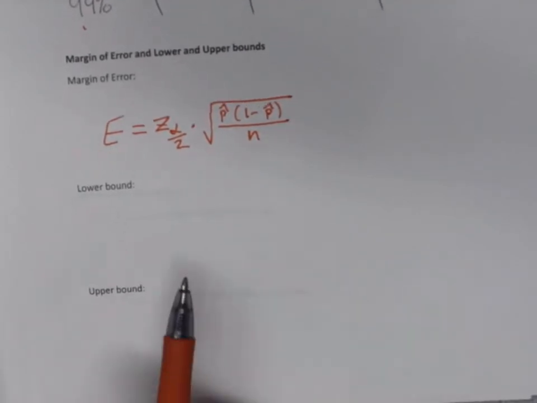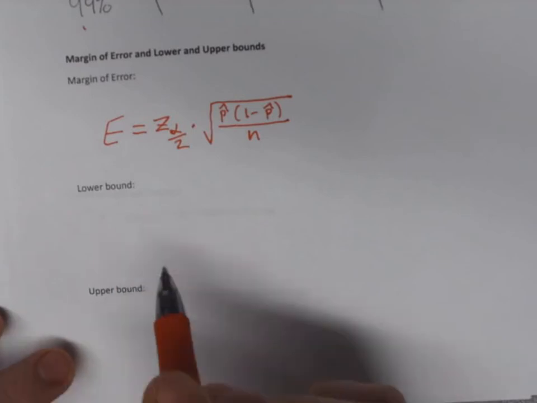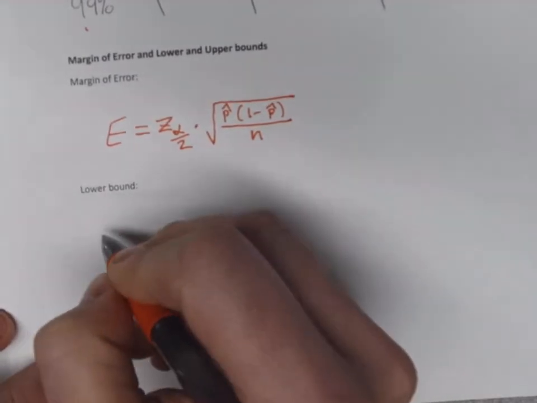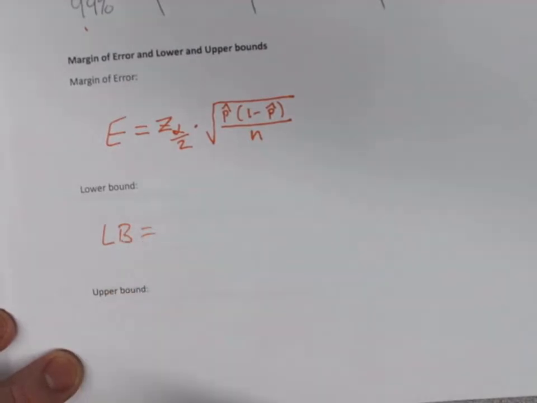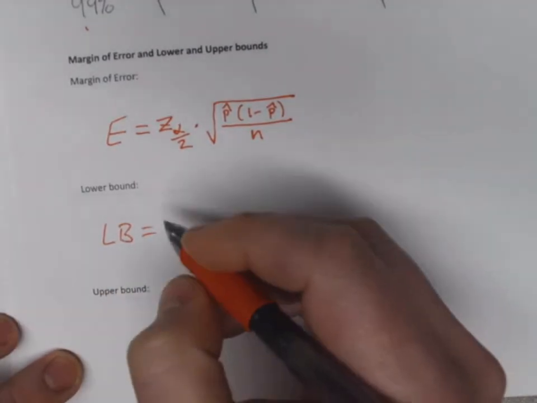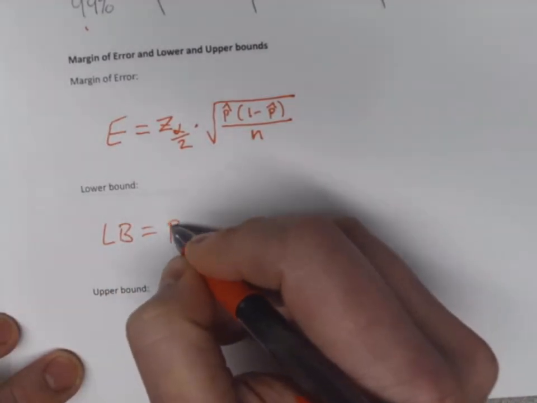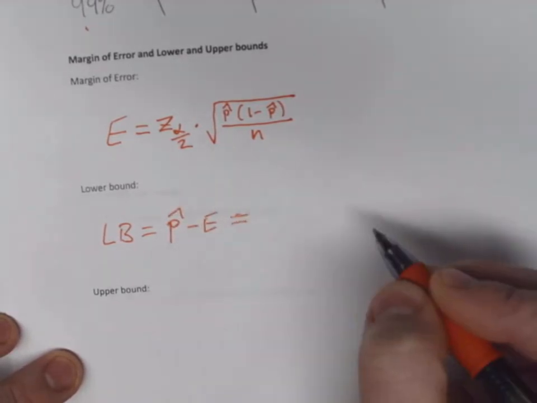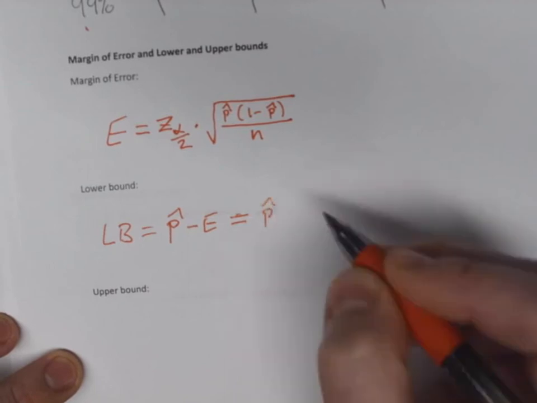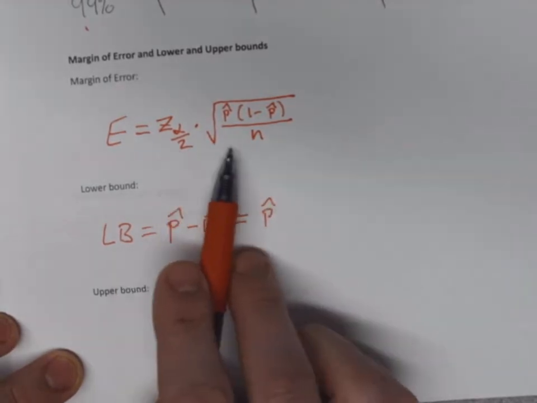And now the lower bound and upper bound. We've already basically discussed these. But the lower bound, I'm just going to say LB, is p hat minus E. All right, p hat we just leave as p hat. We know what E is. It's this formula here.